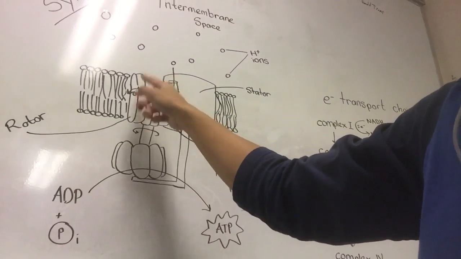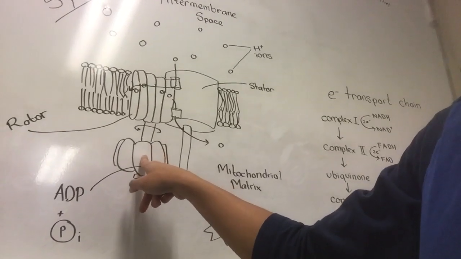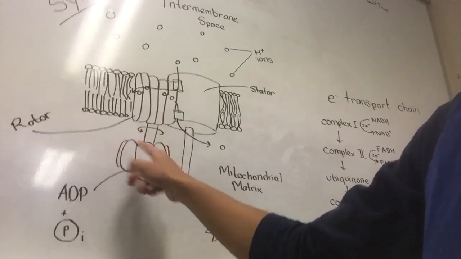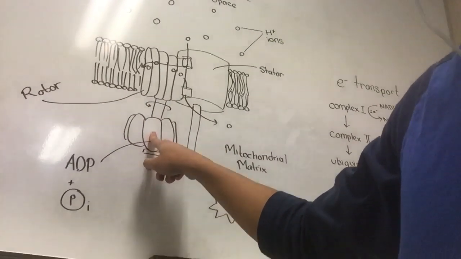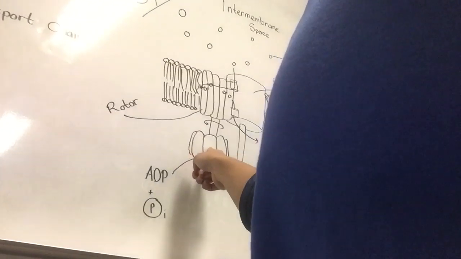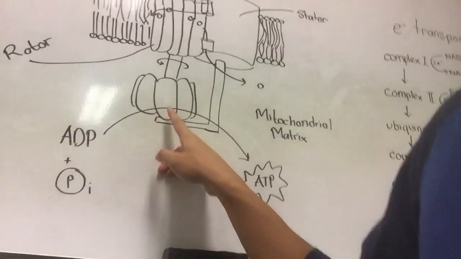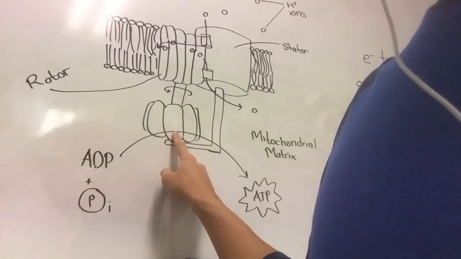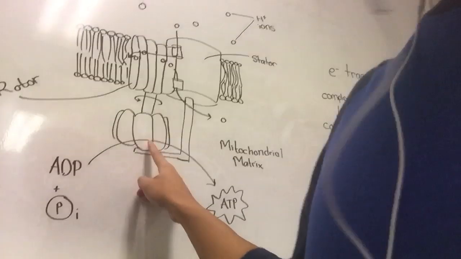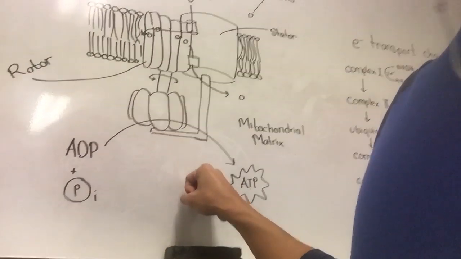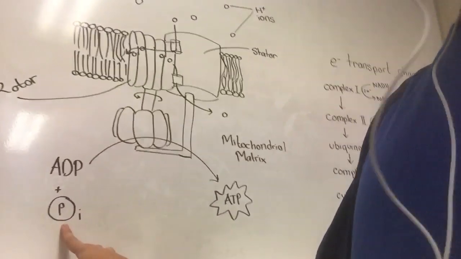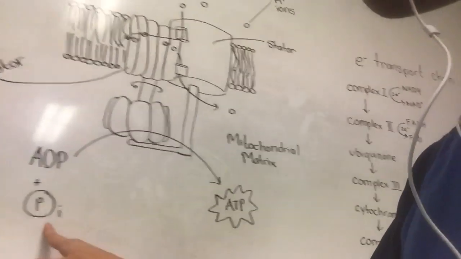When this rotor spins, it causes this rotor on the bottom to spin as well. And when this rotor spins, it turns on catalytic sites that produce ATP from ADP and an inorganic phosphate.